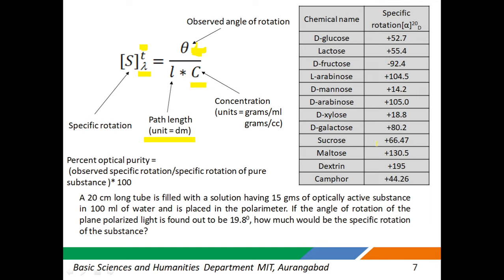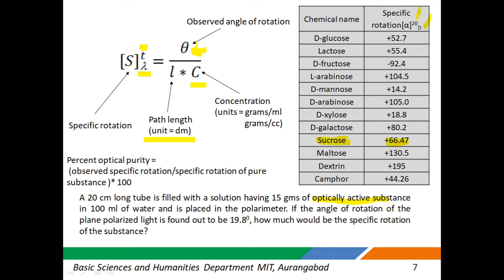And with that answer of 66, if we look into this table, then we see that the optically active substance this problem has considered is sucrose, because the answer we got is 66 as the specific rotation value. You can see the specific rotation values are given with 20 written here and D written here.